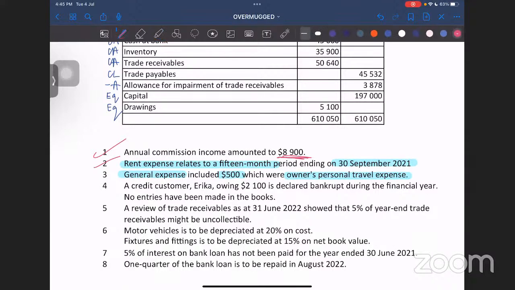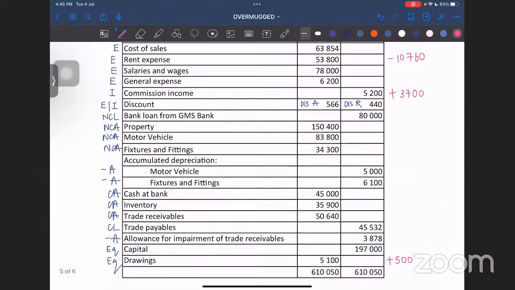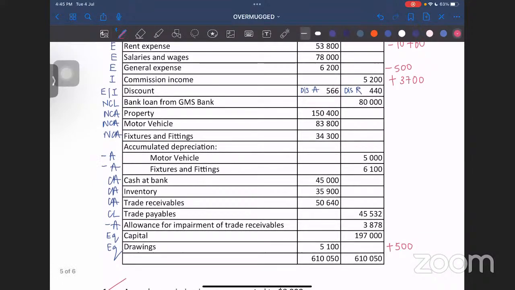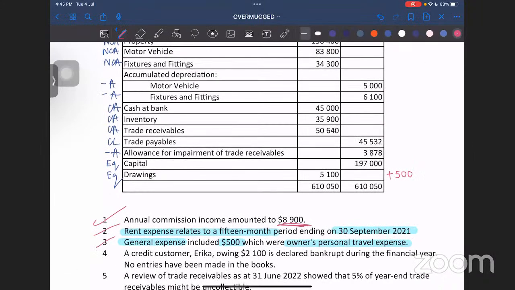Whatever I use in the business for own personal things is called what? Drawings, right? So for here, basically, I will add to my drawings and then deduct it from my general expense, because this has nothing to do with the business. This is a drawing. So I take out from the general expense and add to my drawings. Simple, straightforward.